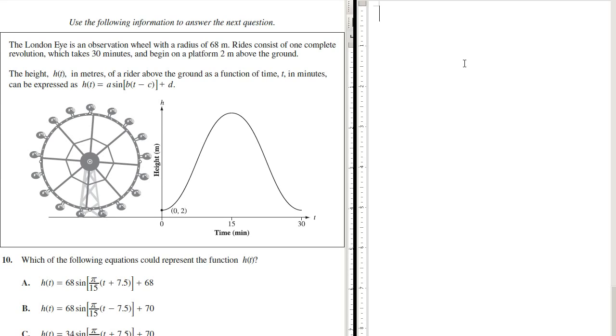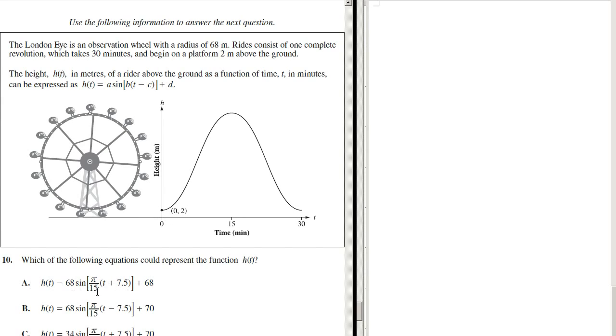Okay, so we have to gather our information here. Right off the bat, we can eliminate A and D. And that's because neither A nor D take into account that the ride can never go lower than 2 meters in height.